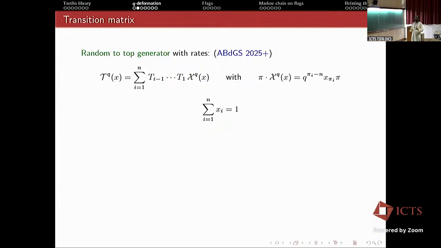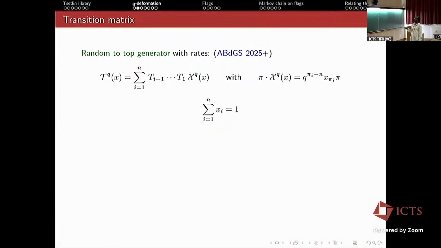So the idea is, you act by this product T_{i1} through T_{i} through T_1, and at the end, whatever permutation you get, this is a typo, it should be pi 1. I apologize.